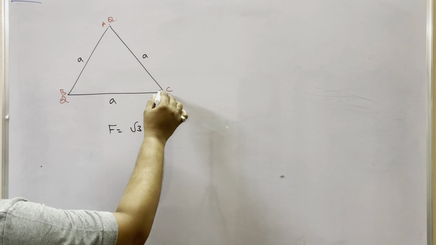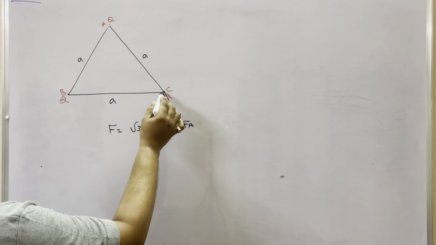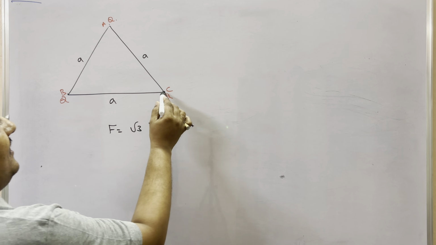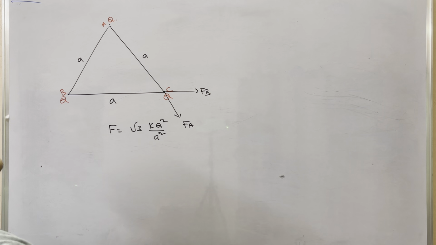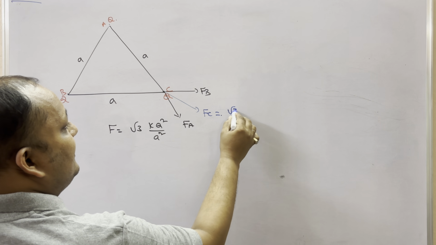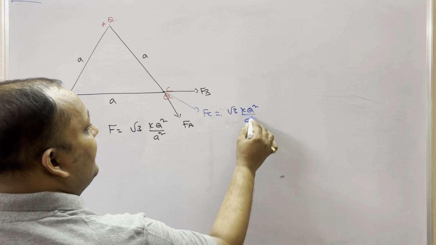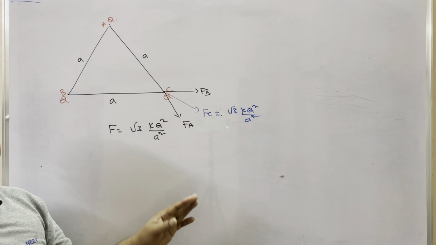So A is going to repel C in this direction, FA. C is going to be repelled by B in this direction, FB. The resultant of these two, we got FC. This FC value is root 3 kq square by a square. Now, how are they going to ask the question?